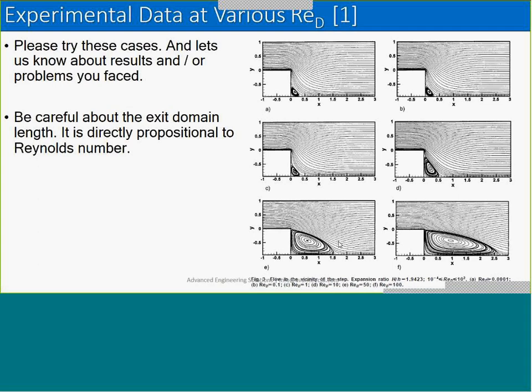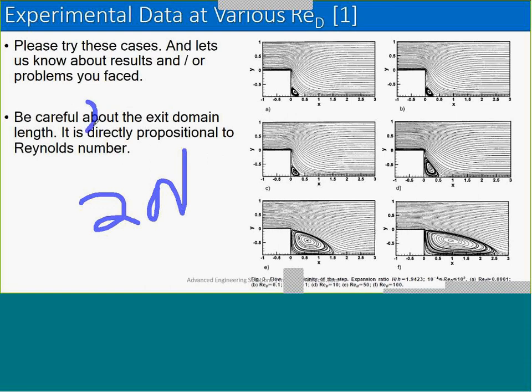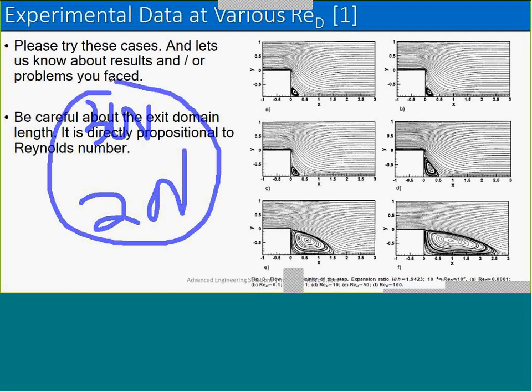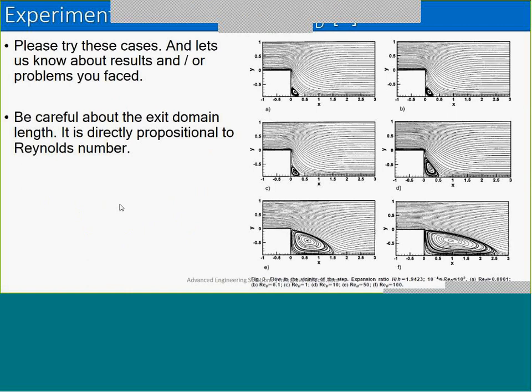If you solve these cases, I would recommend that you try them and let me know. Maybe you can increase the Reynolds number to 200, 300, and let me know how the solution is varying with the Reynolds number.